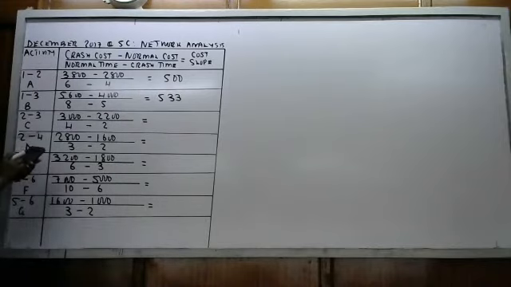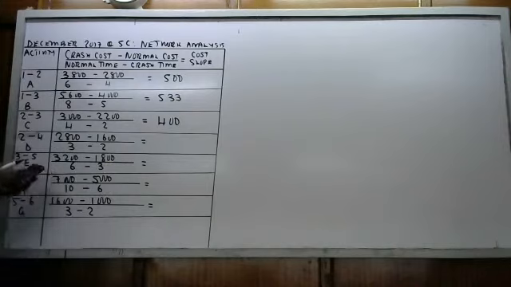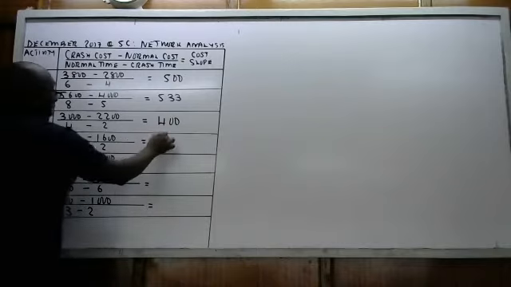Then 800 divided by 2 is 400. 2,800 minus 1,600 divided by 1 is 1,200.